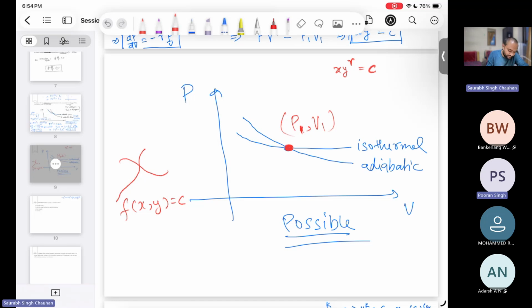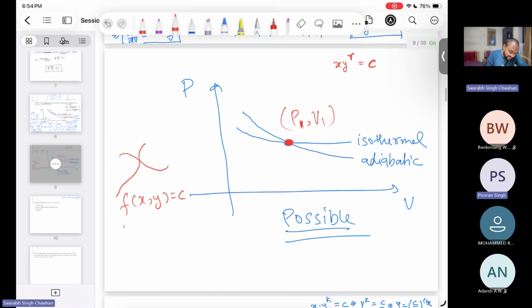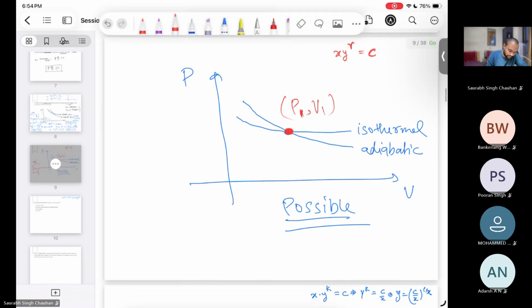But in that case, one given value of x will produce two values of y. I should not confuse you here, but I hope you got what I meant.